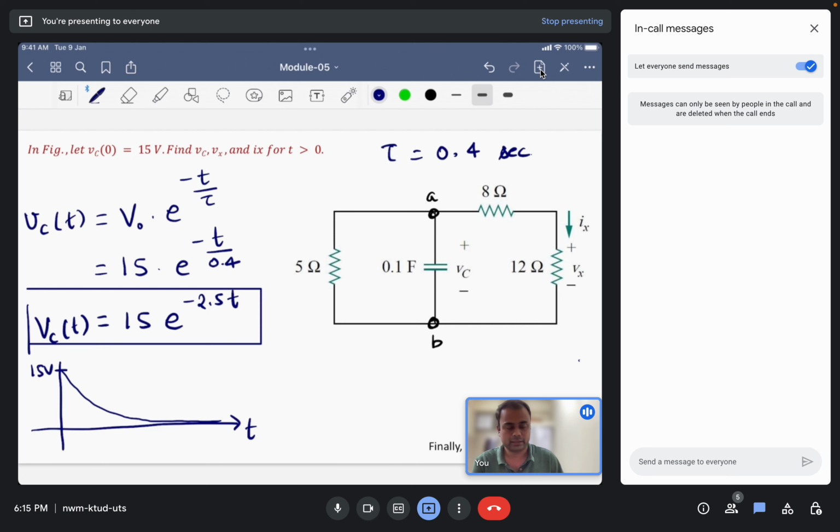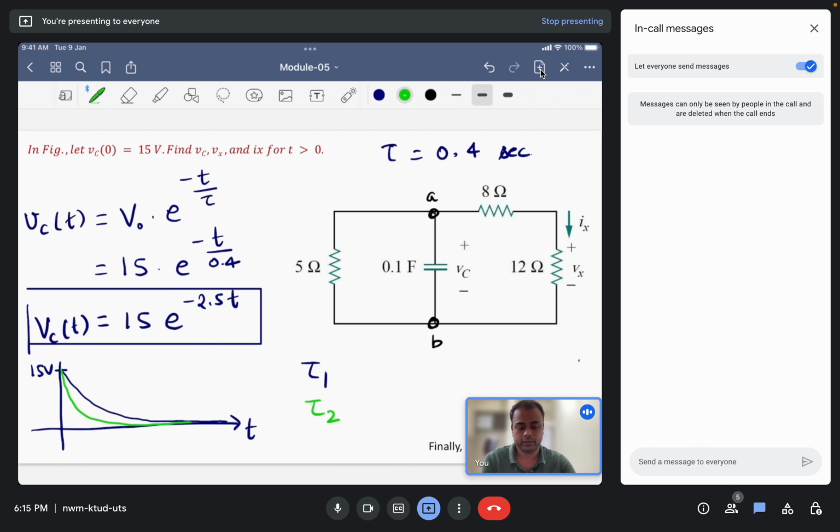So I'll again ask one more question. Suppose if we increase the value of tau, that is the time constant, how will the curve look like? So suppose we have two curves here, one already drawn and another curve here, I am drawing it in green. Suppose the blue one has a time constant tau 1 and the green one has time constant tau 2.